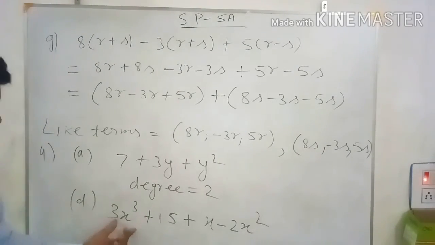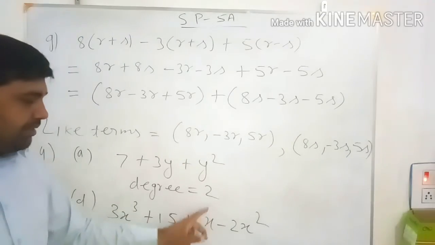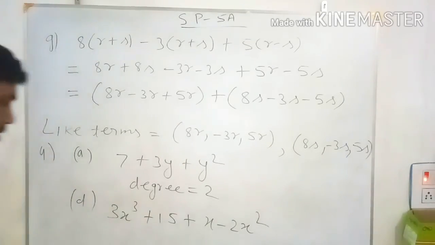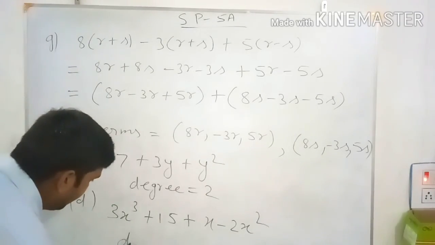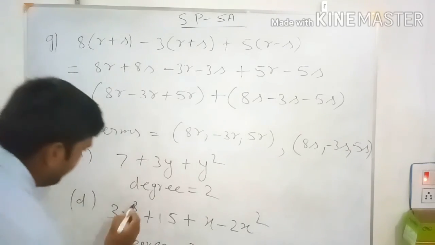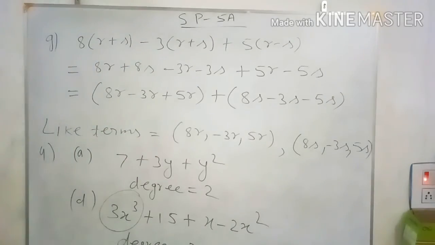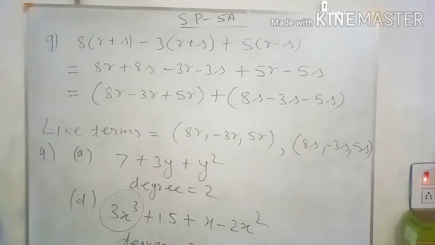Now the degree of this term is 3, the degree of this term is 0, this term is 1, and this term is 2. So the maximum degree is of the term 3x cube, that is 3. So the degree of this polynomial will be 3, because the first term has the maximum power 3. So that will be the degree of the polynomial, degree equals 3.